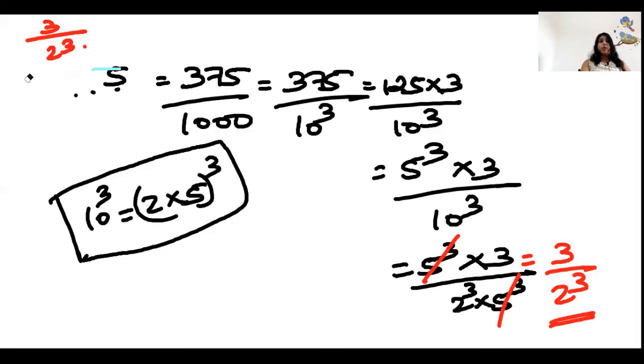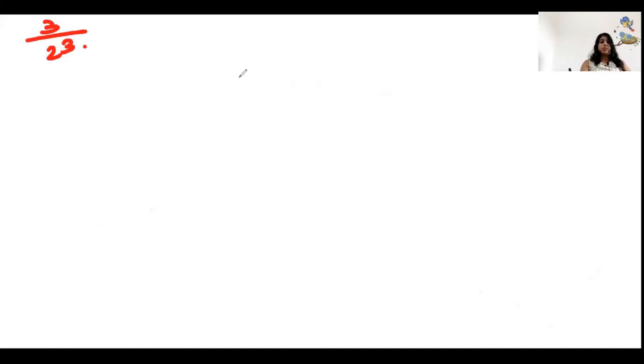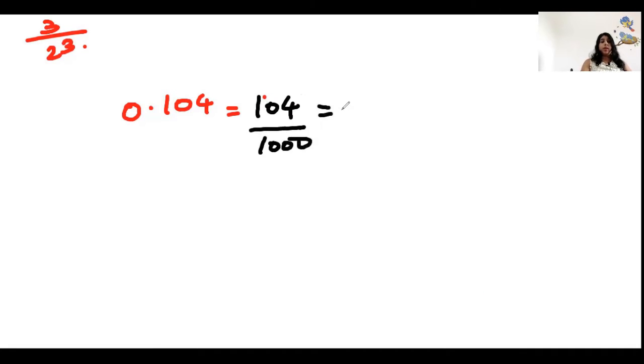Now I am moving towards the second question. 0.104, that is 104 divided by 1000. Same thing. So I can split 104 as 8 into 13 divided by 10 cube.